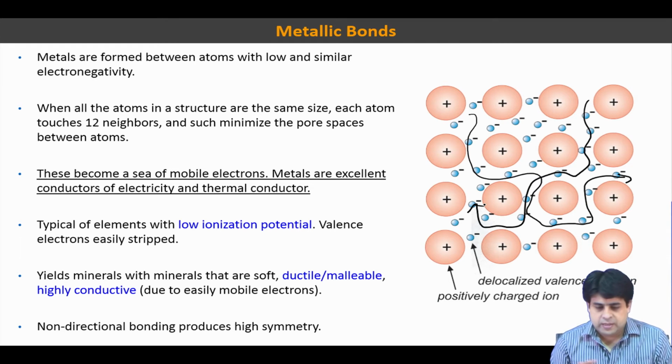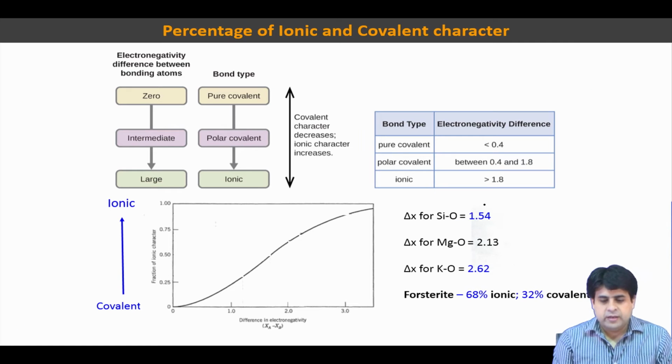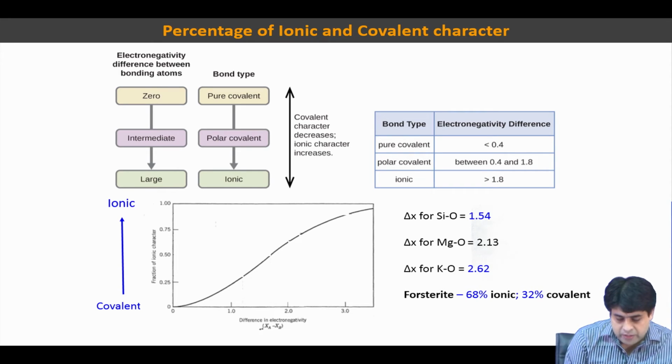So, these are some explanations about the metallic bond. And if you see how the ionic and covalent character are changing, which is defined by Linus Pauling. Linus Pauling basically derived the relationship between the difference in electronegativity and the percentage of ionic character, or here it is a fraction of ionic character.